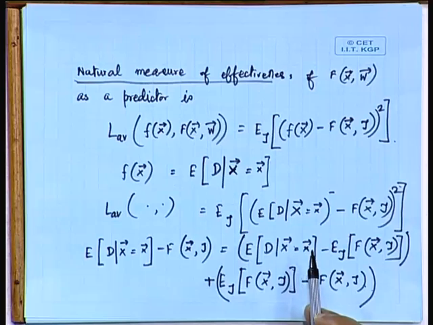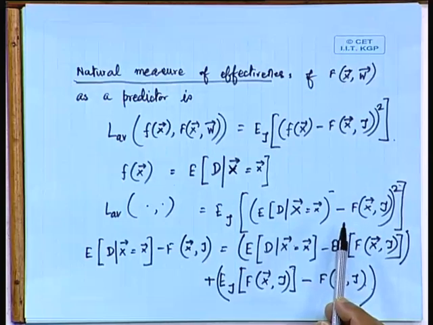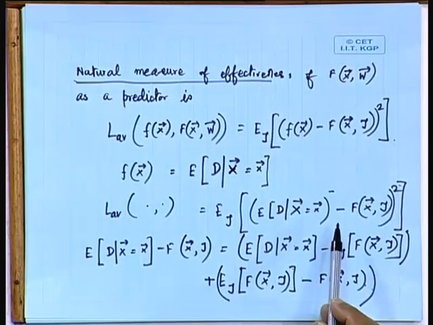So, if you put it into this expression, you get a quantity which is the square of the bias term. And you also get the square of this other quantity, and this quantity is, yes, correct, the variance, the second quantity.